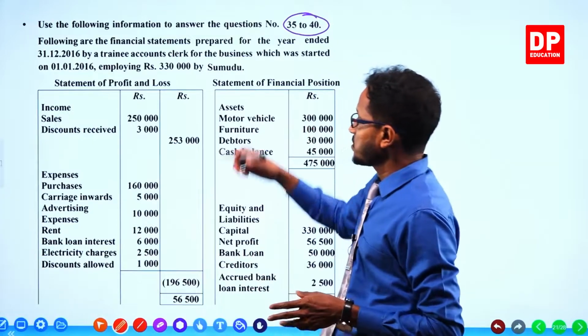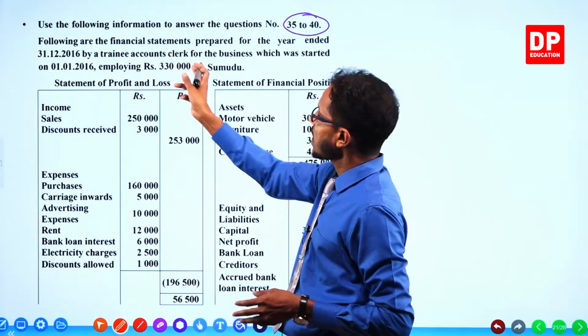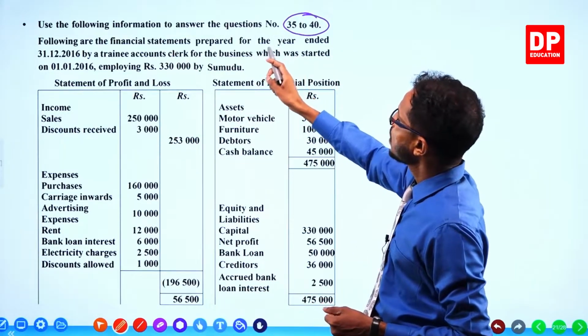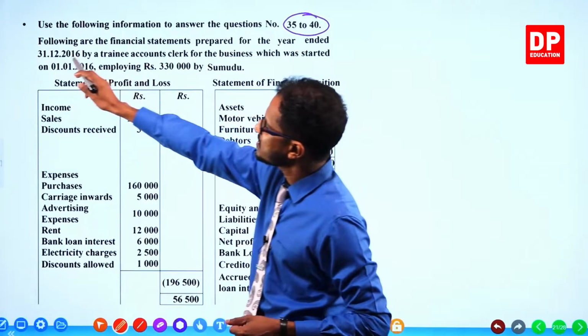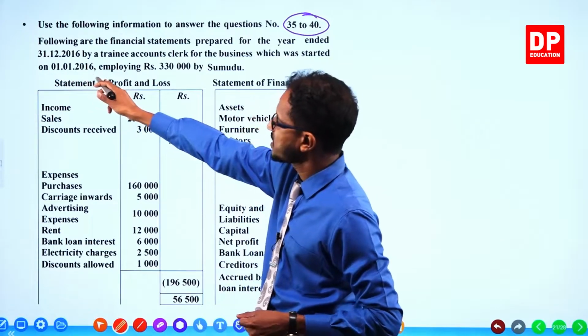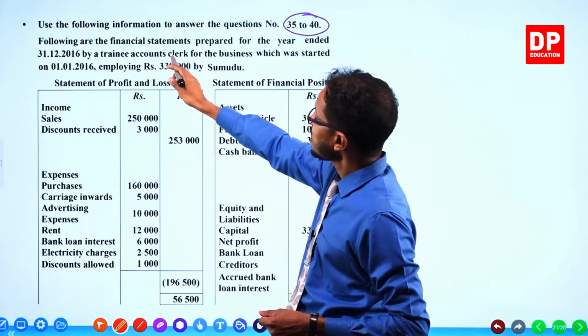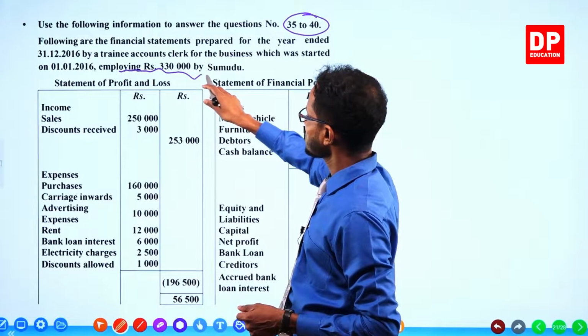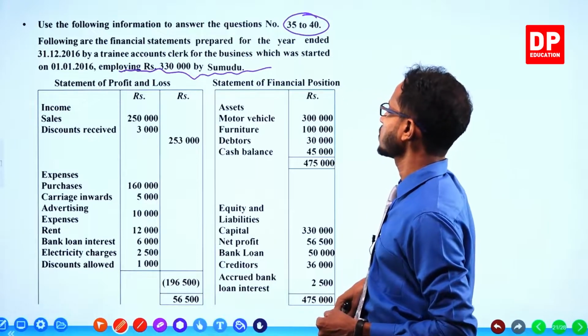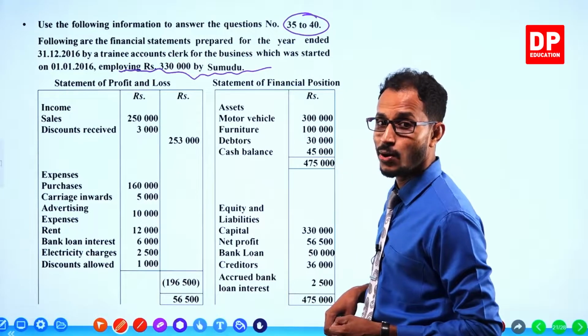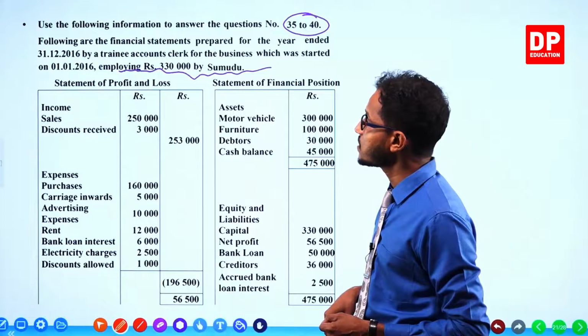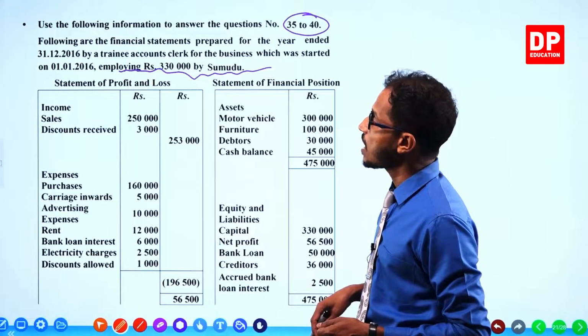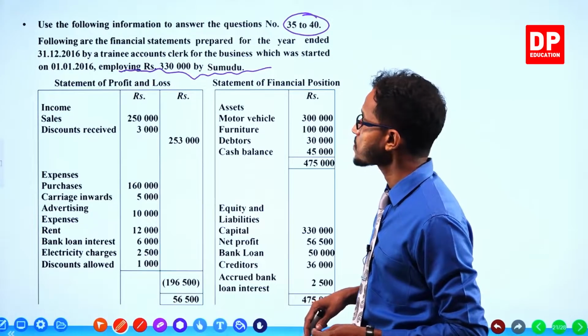The following financial statements were prepared by a trainee accounts clerk for the business which was started on 1st January 2016, employing 330,000 by Sumudu. Sumudu is the owner, and her trainee accounts clerk prepared these two.